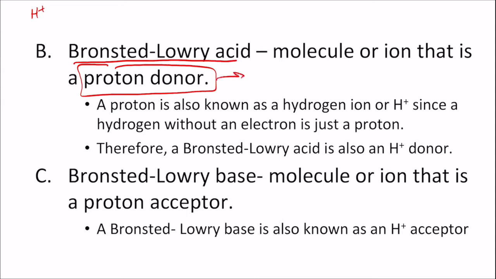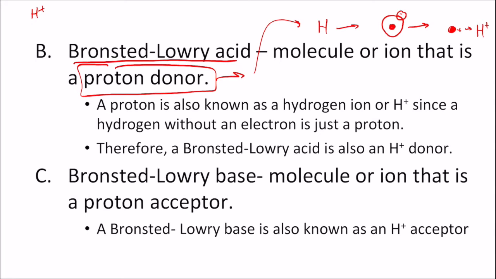And you know that a proton is the same thing as an H+, because if we take an atom of hydrogen, it has a nucleus with its one little positive proton, and around it a negative electron floating around. If you take that electron away, all that's left is the center part, which is positive, and that's why H+ is referred to as a proton. They're interchangeable.